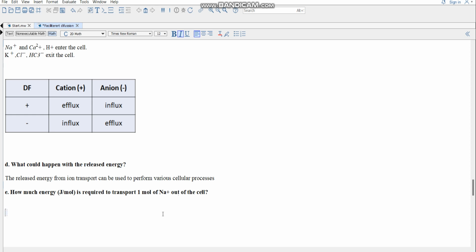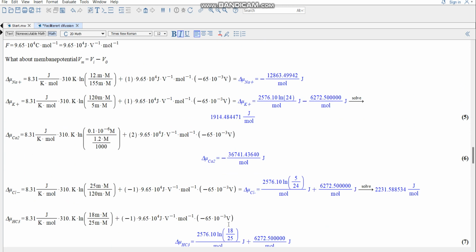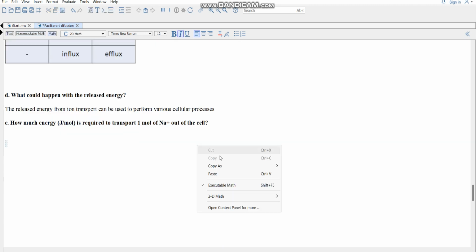So this is the same amount of energy as with in transport, or transporting inside. So this must be this right here, but just now it's positive, it's not negative.